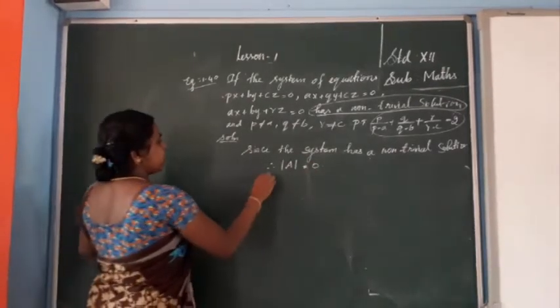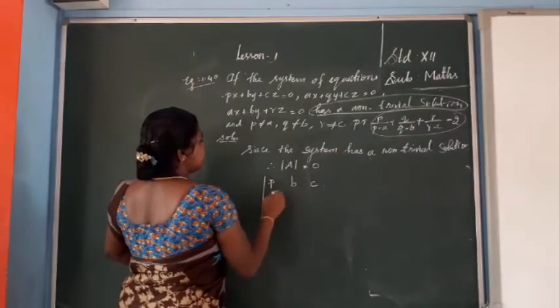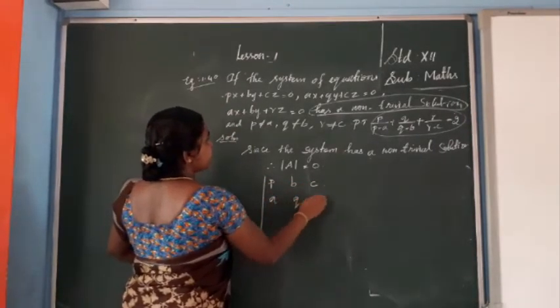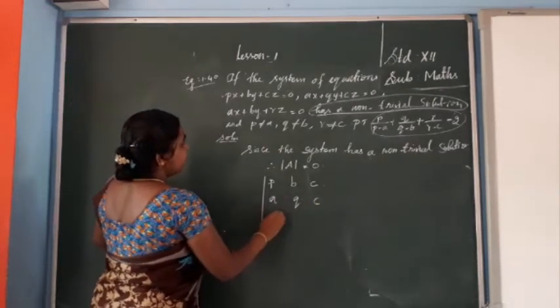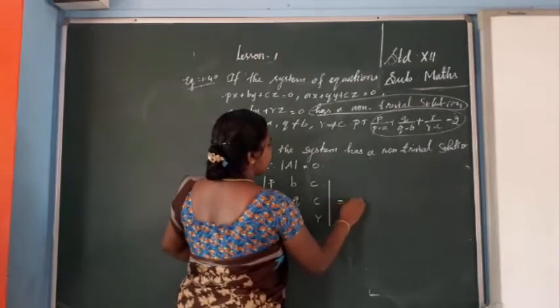Now you can say determinant p, b, c, next a, q, c, next a, b, r equal to 0.